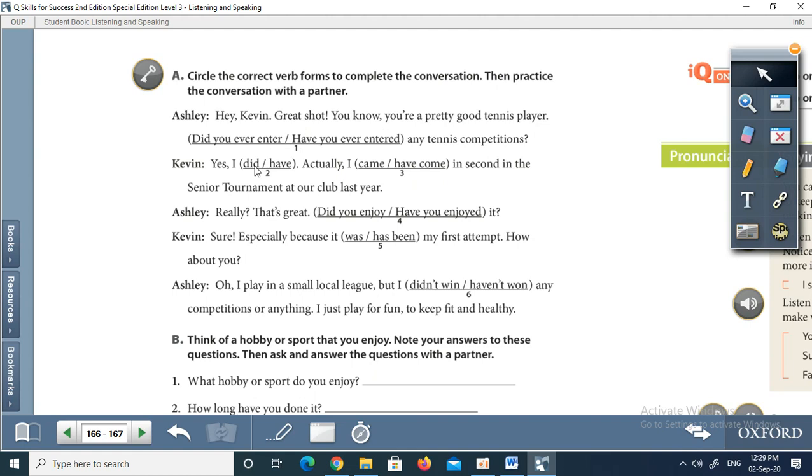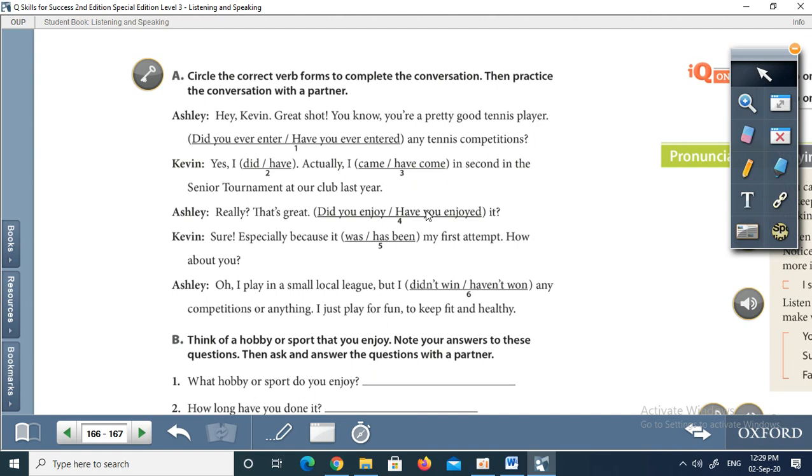So did is the past simple of the verb to do. Have is the present tense of have, and would be used with entered. We understand that it's being used here with entered. Came is the past simple of come. Have come is the present perfect. So in each case, the first option is the past simple, and the second is the present perfect.